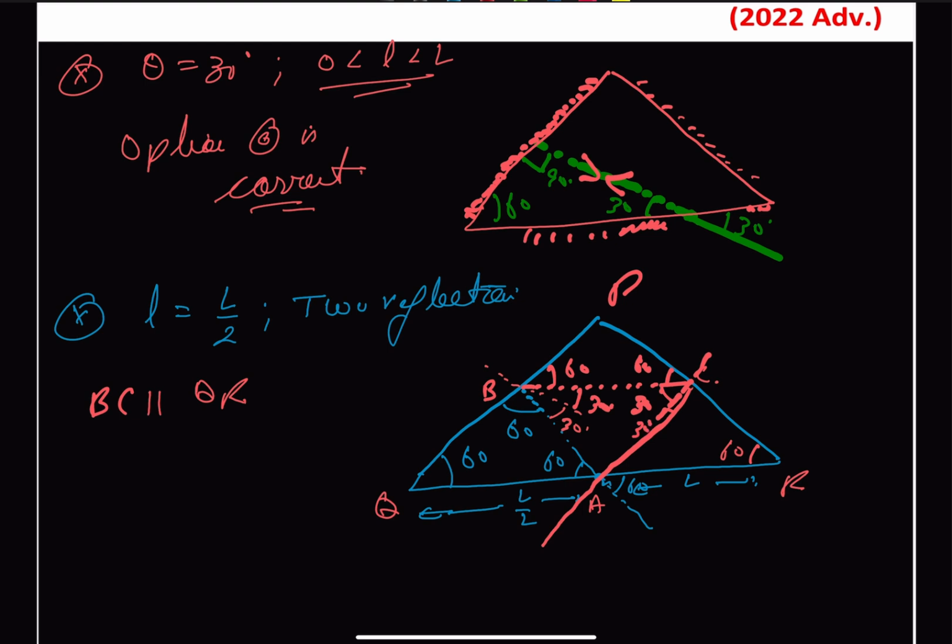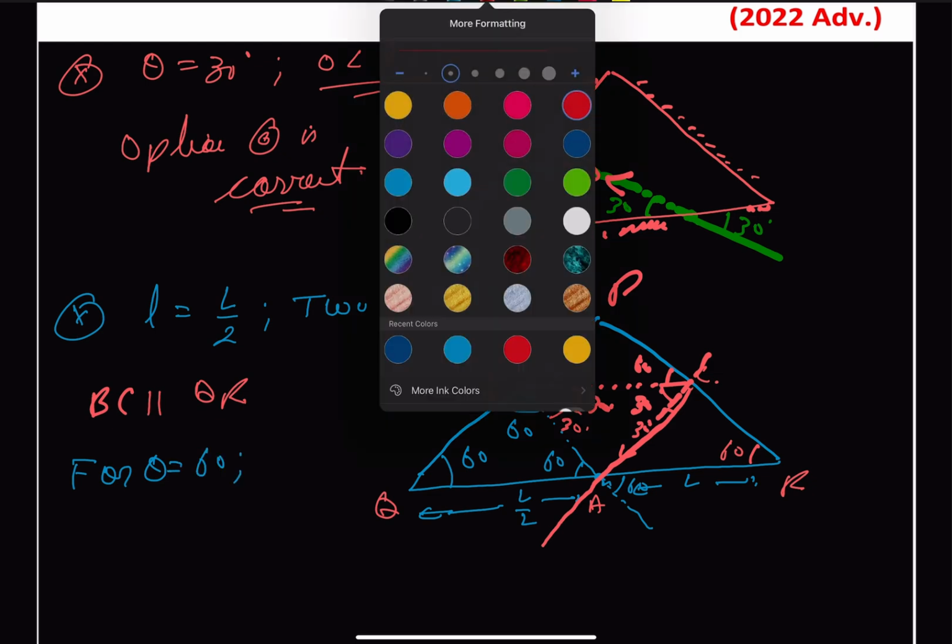Okay. So we can say that for theta equal to 60, the ray will be coming out after two reflections.